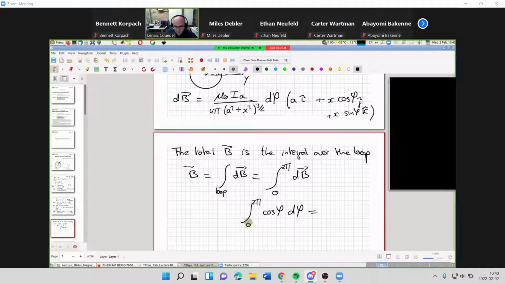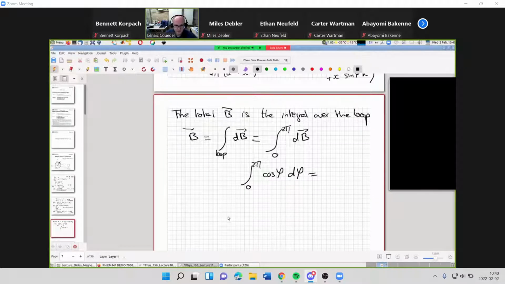See, you have finite integral limits here. So if I plot cosine phi, exactly, this will be 0. Cosine phi will be something like that, from 0 to 2 pi. So this area here is equal to this area here. So the result is 0.